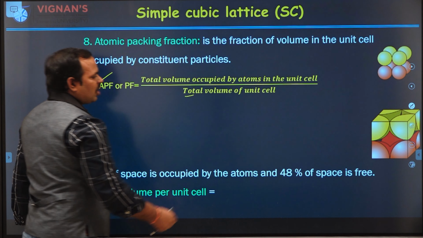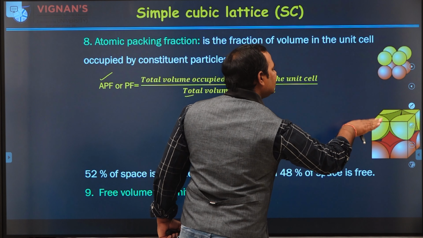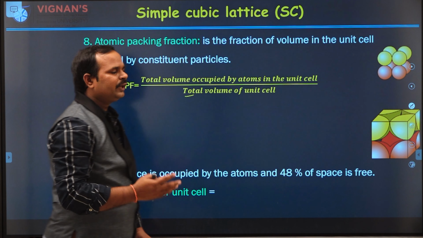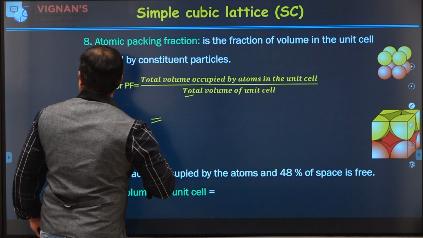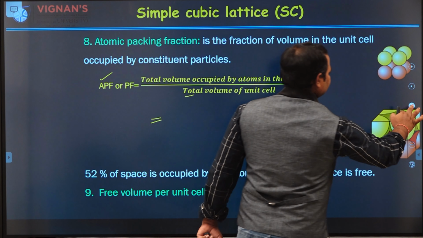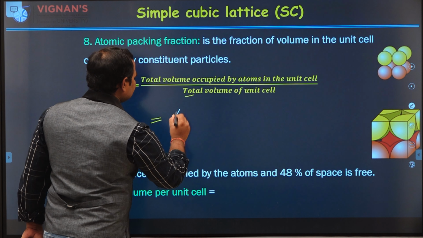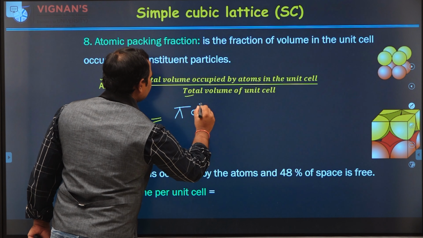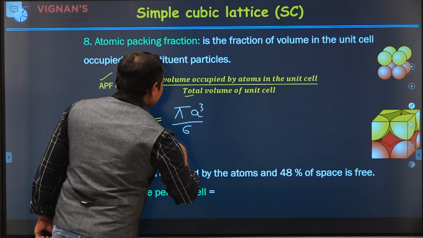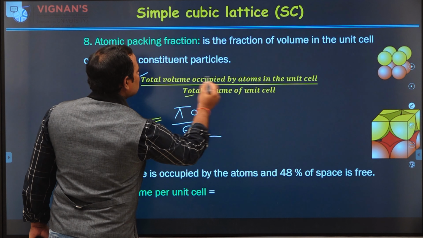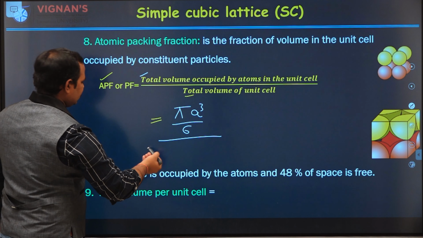That means how much is the volume of this unit cell, and out of that how much is occupied by the atoms. We know that the volume occupied by the atoms in the unit cell, previously derived, is pi a cube by 6, and the total volume of the unit cell is a cube.